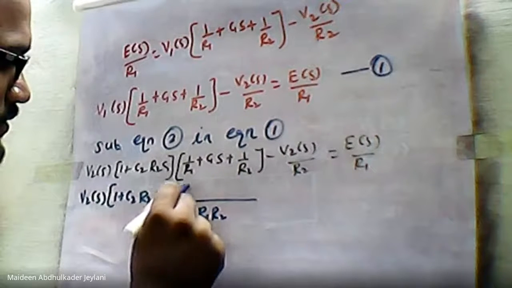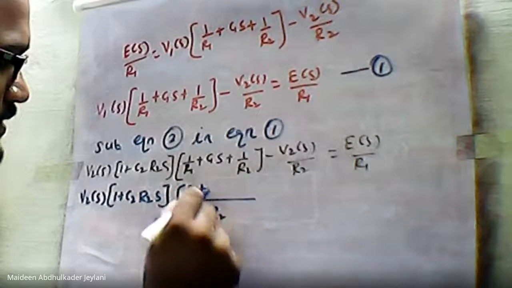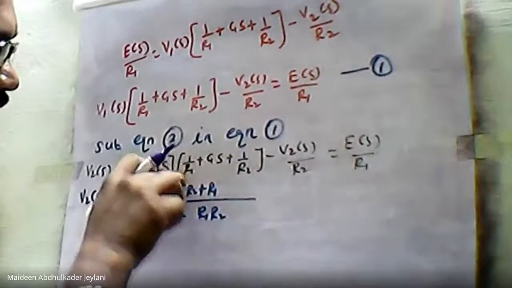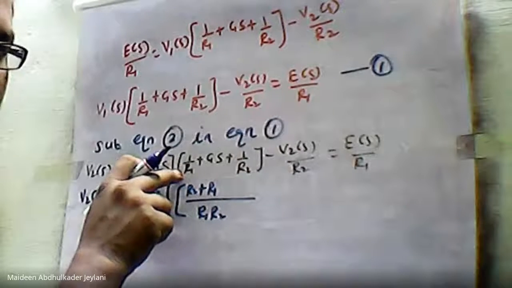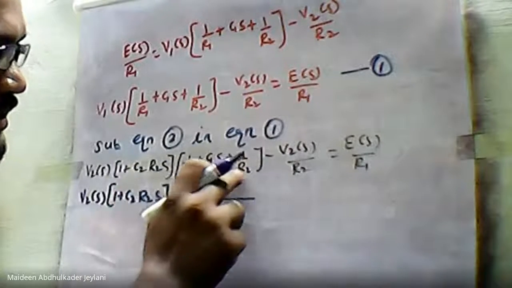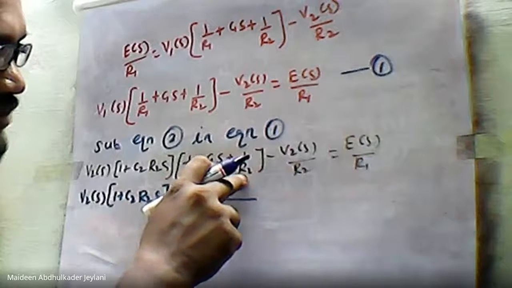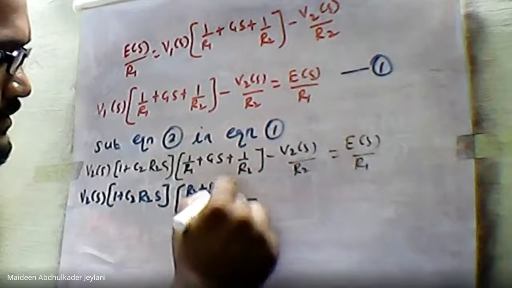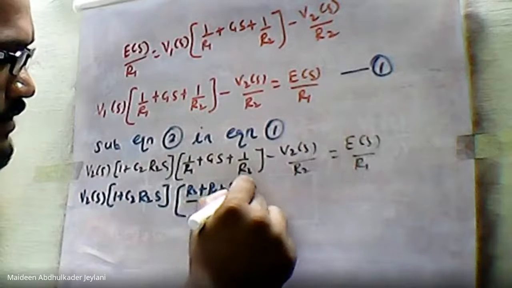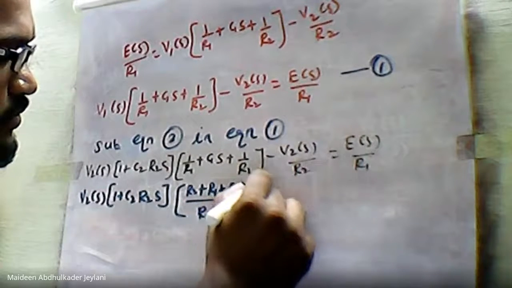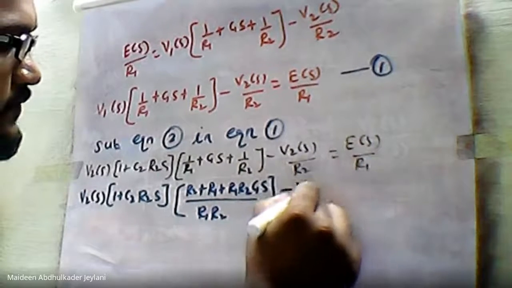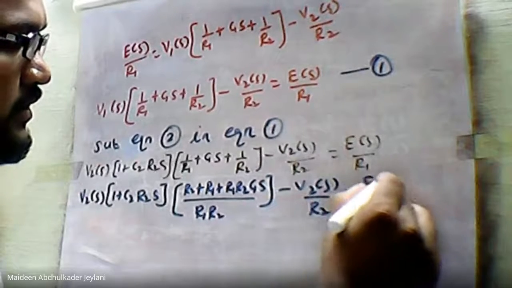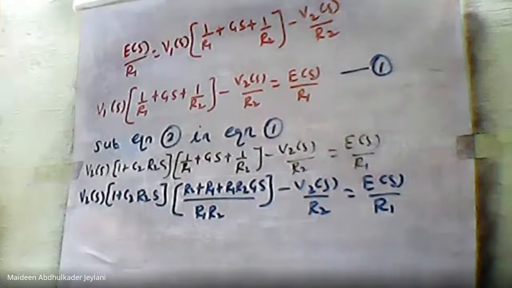Okay, we'll have R2 plus R1 for this term. So if you take an LCM for this term, R1, R1 get cancelled, you'll have only R2. And for this term 1 by R2, R2 gets cancelled, you'll have only R1. Okay, plus R1 R2 into C1 into S minus V2 of S divided by R2 equal to E of S by R1.